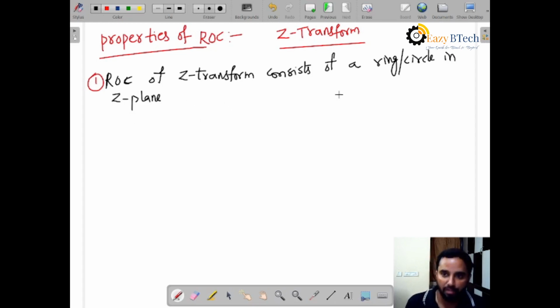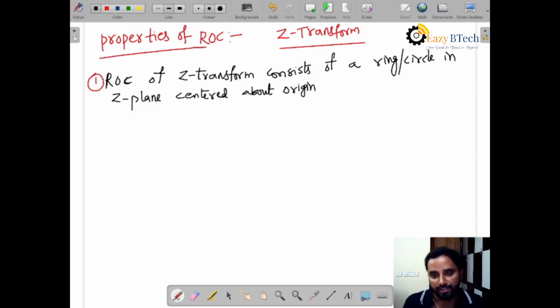So we have a ring in the Z plane, centered about the origin. This ring center is origin. This is the first thing.